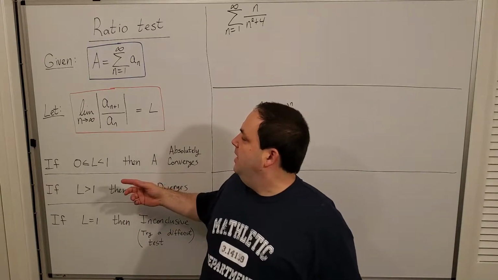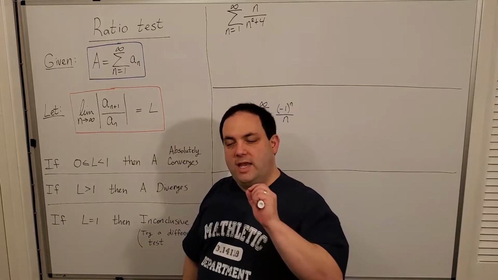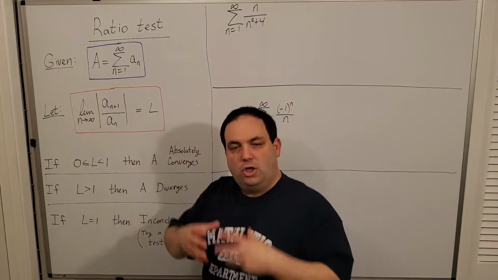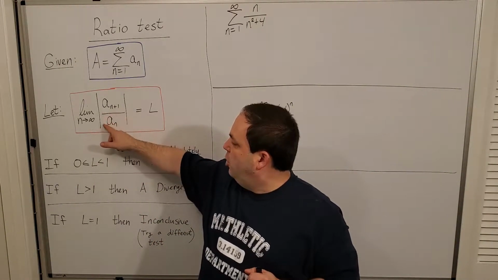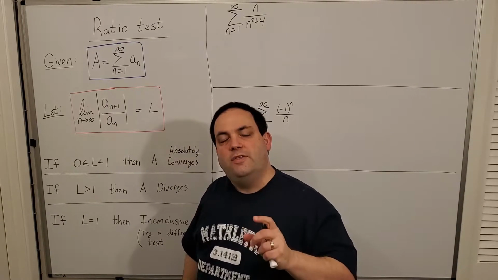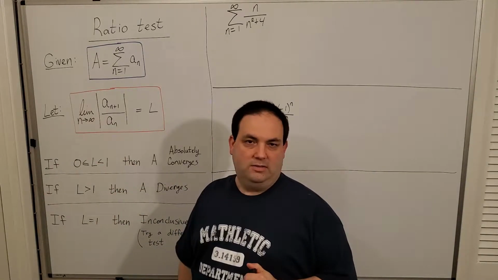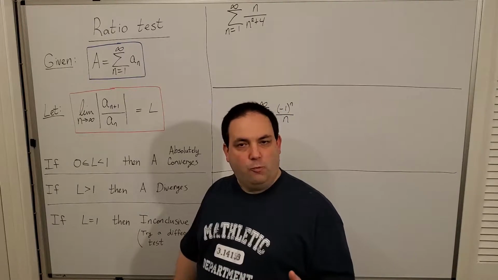A sub n plus 1 is the next term, and a sub n is the current term. If I do the next term over the current term, that's like comparing the sizes with a fraction, with a ratio, a lot like we did with the limit comparison test. We were comparing two different sequences by making a ratio.